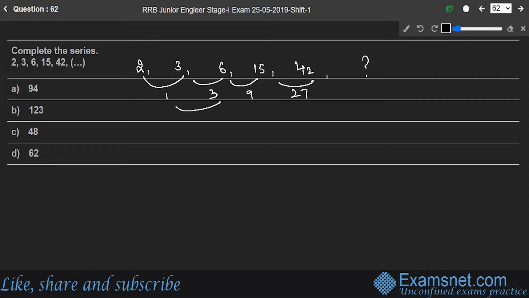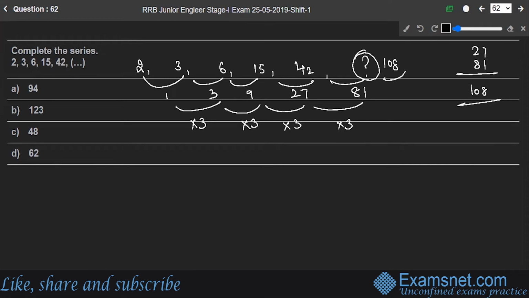So now I'm moving in the table of 3. So this is multiply 3, multiply 3, multiply 3. Again, you will multiply 3. So 27 multiply 3 will give me 81, right? So let's add 81 to 27 and you have 108. Okay, no, that's not right.